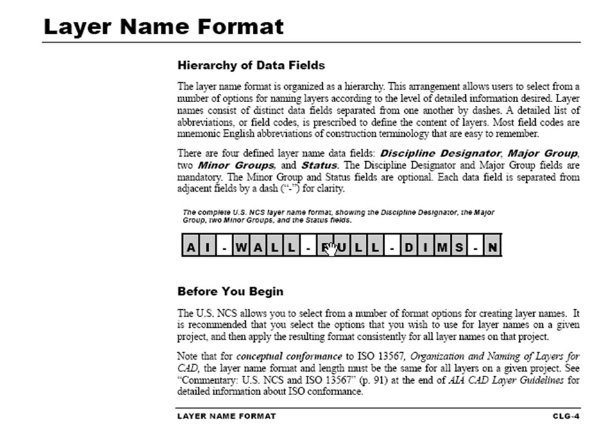The first data field may be the discipline, the second will be a major group like wall, as you see here, and so on down the line, getting more detailed by the fifth field, which might be N for new. These data fields that you see here in the NCS would be the layer categories in Standards Manager.